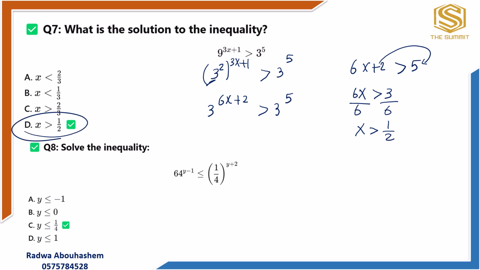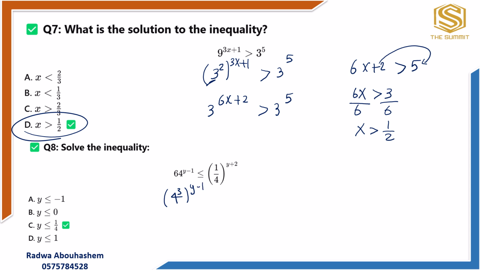Now for question 18, solve the inequality 64 to the power y minus 1 smaller than or equal to 1 over 4 to the power of y plus 2. The same base, okay? So here this would be 4 to the power 3, to the power y minus 1. Do you remember the negative power?